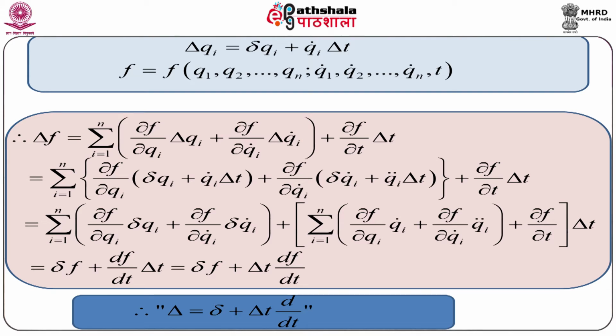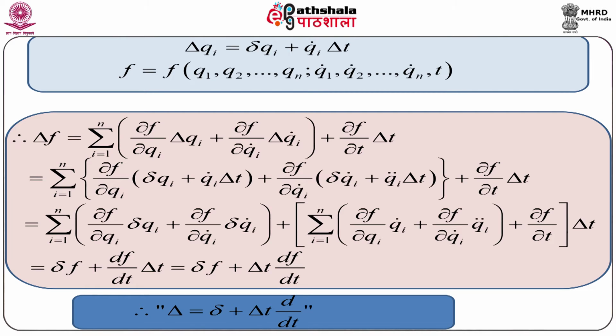Now let us substitute the expression for triangular delta qi from the result already obtained, and we get the next line, that is triangular delta f equals summation over i del del qi of f into Kronecker delta qi plus qi dot into triangular delta t, plus del del qi dot of f into Kronecker delta qi dot plus qi double dot into triangular delta t. The last term is written as it is.